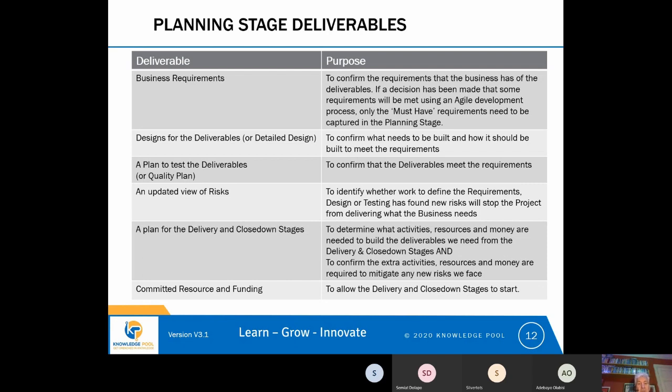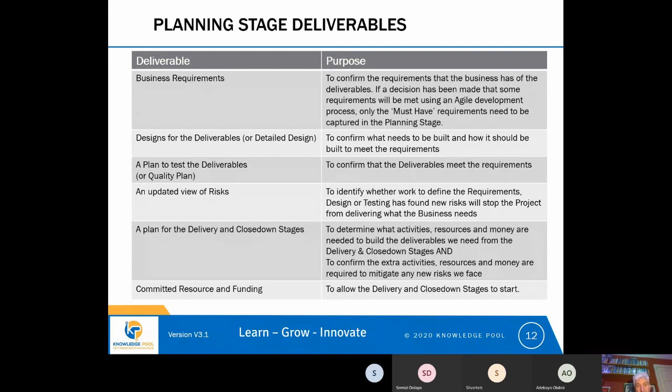The next thing we need to do is, when projects deliver things, we also need to worry about the quality of those deliverables. And so we need to have a deliverable that is either a plan to test the deliverables, or it's sometimes called a quality plan. The purpose of the quality plan is to confirm that the deliverables meet the requirements.